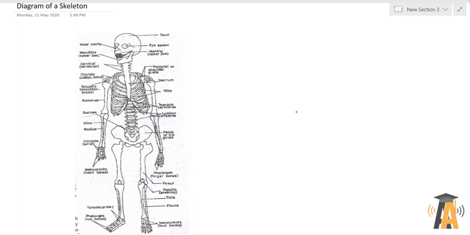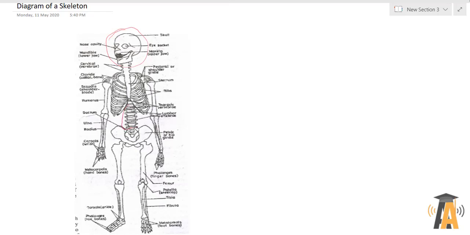So the next slide, we have the picture of a skeleton. And if you remember the previous slide, this is the skeleton of man, which is found inside. And if you remember when we labeled it, we have the skull, as you can see here. The skull, just pardon me, let me give it a quick mark like this. So this is the skull, then you have the backbone.